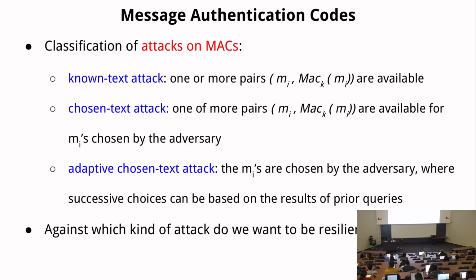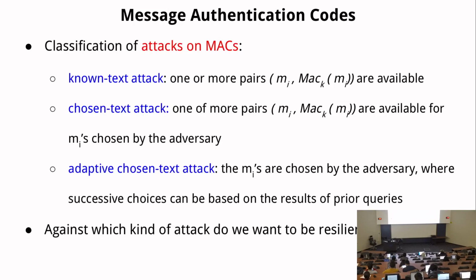However, even though the attacker collects many such pairs, the attacker should not be able to generate new tags on new messages without knowing the key. In the chosen text attack, the attacker can choose some messages, not only passively eavesdrop, and get the corresponding tags. However, the attacker will not be able to forge the tag for an arbitrary message.